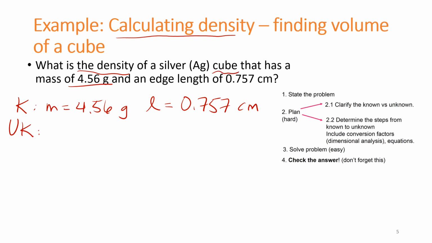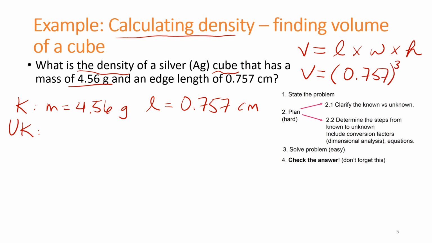I'm just going to give a short reminder about how to find the volume of a rectangular prism or a cube. It's going to be length times width times height. In this case, since we have a cube, we can just, like the name says, cube this value, so multiply it by itself 3 times.